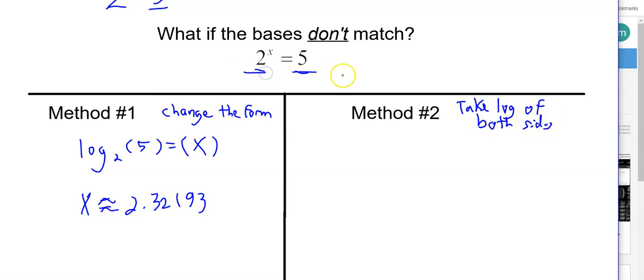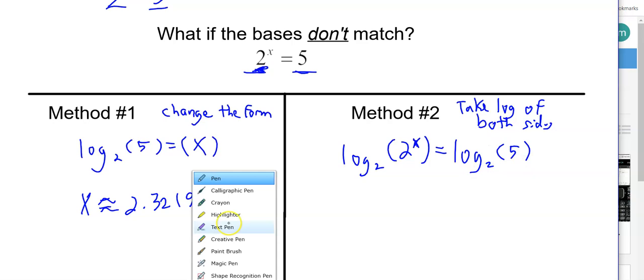You look at these two sides, 2 to the x and 5. Because it's base 2 under the exponent, I'm going to take log base 2. So log base 2 of 2 to the x equals, take the log of the other side as well, log base 2 of 5.